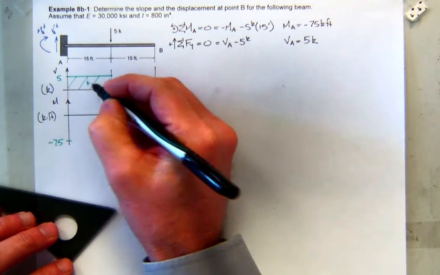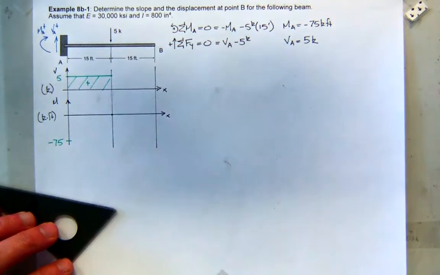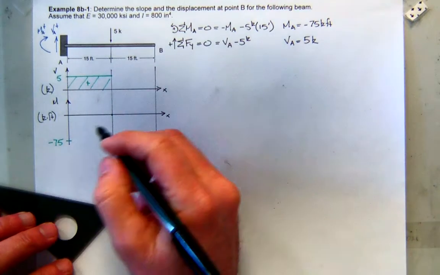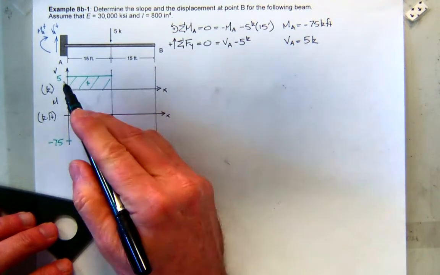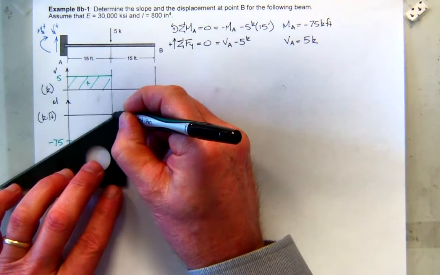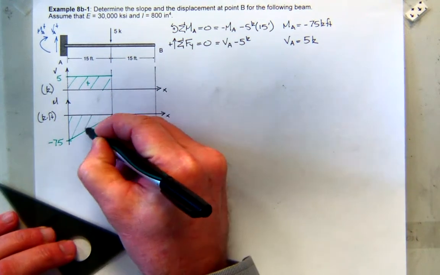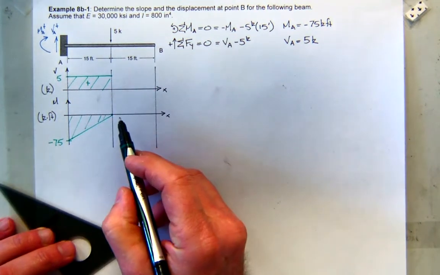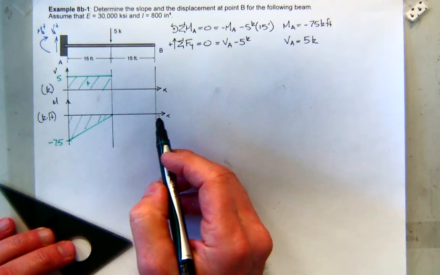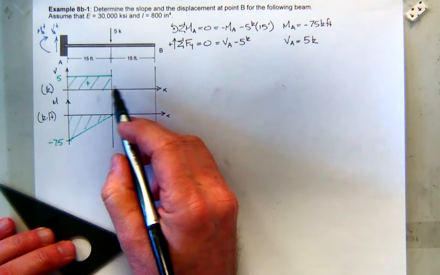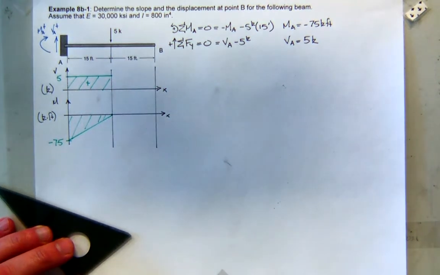And it's also 75, which brings us to 0. And of course, the slope of the moment diagram is the shear, and the shear is constant and positive. So I get a nice triangular shape for my moment diagram. The change in moment from 15 to 30 feet is 0 because there is no shear. So there's my moment diagram.